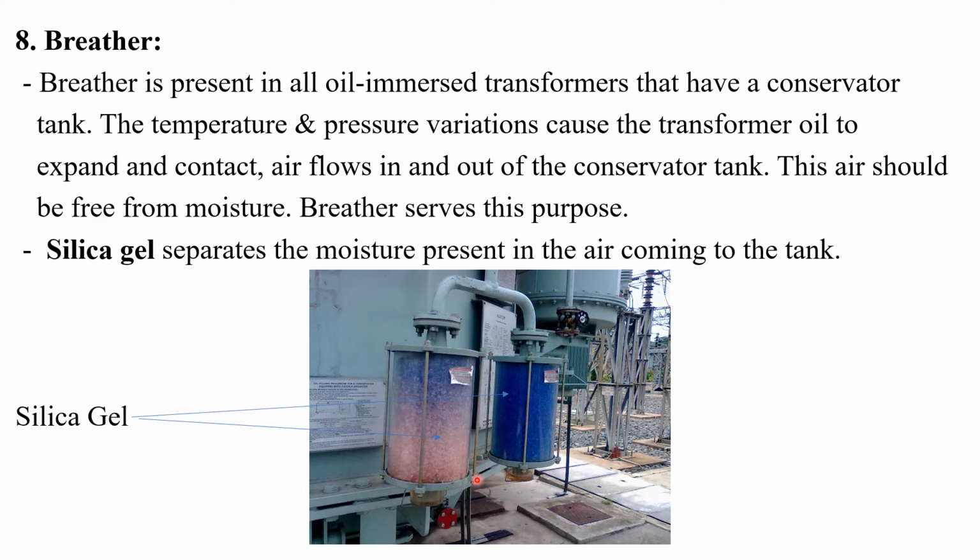So if the air is coming from the atmosphere, that will directly enter this breather, and this breather will absorb the moisture contents present in the air, and after that the air will directly go to the transformer main tank, so that breather will separate the moisture present in the air coming to the tank. Silica gel will provide this function, means silica gel will separate the moisture contents.